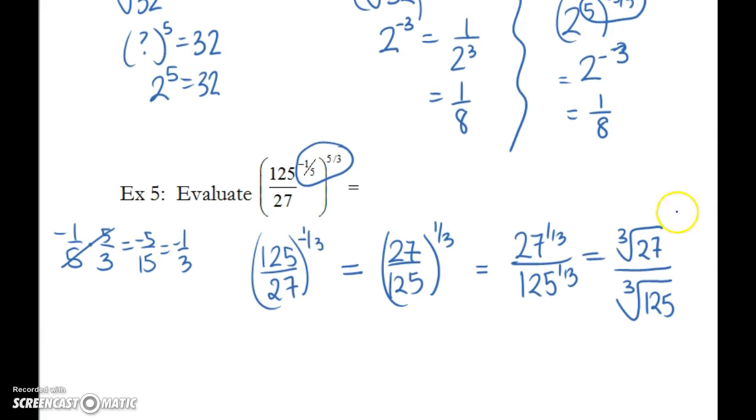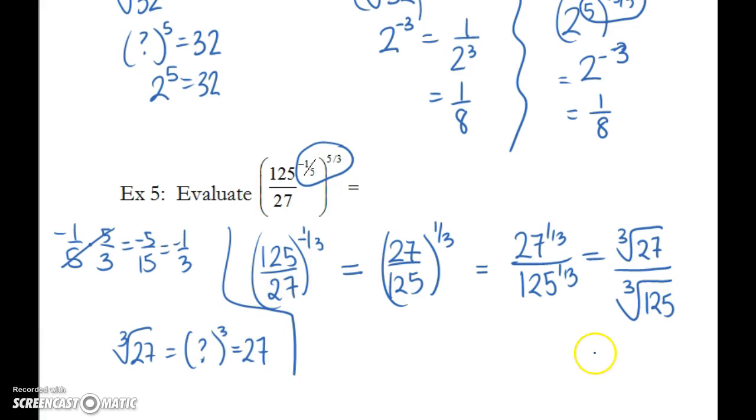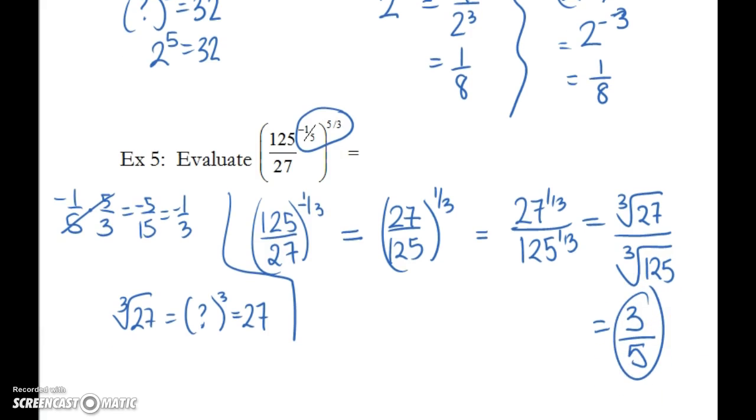Now, can we find the third root of 27? Well, that's really saying what to the third power equals 27. And again, you should be familiar enough with your powers to say that that's 3. So our numerator becomes 3. Our denominator is asking what to the third power makes 125. And in this case, that's 5. So our most simplified answer is 3/5.